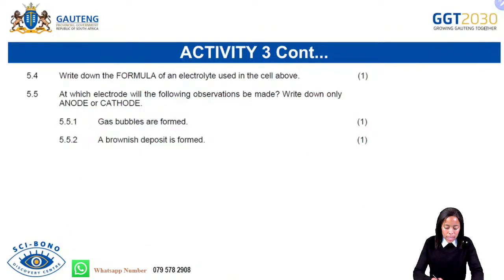Okay, then it says write down the formula of an electrolyte that is used in the cell above. Okay, so remember we had copper(II) chloride.